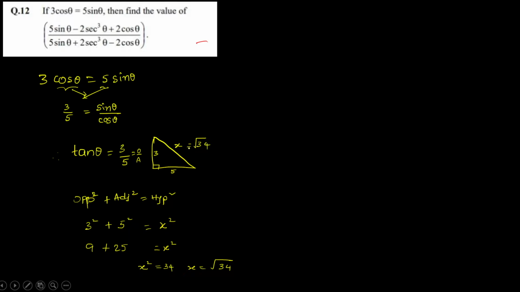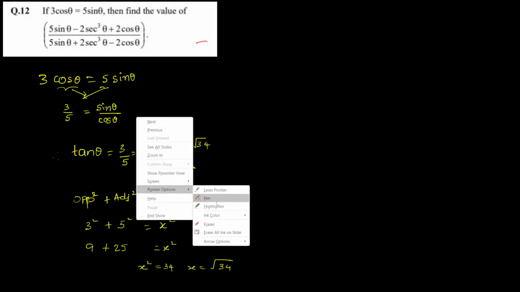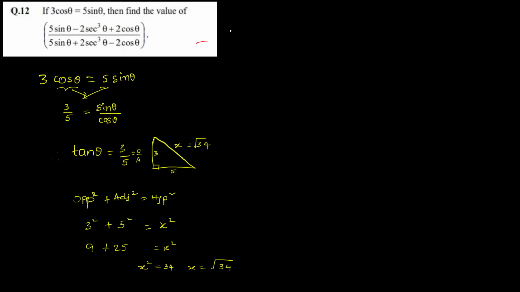Now in the question it was given that 5 sin theta minus 2 secant cube theta plus 2 cos theta by something, right? See here, I'll solve it in a very easy manner. We have to find the value of 5 sin theta minus 2 secant cube theta plus 2 cos theta divided by 5 sin theta plus 2 secant cube theta minus 2 cos theta.